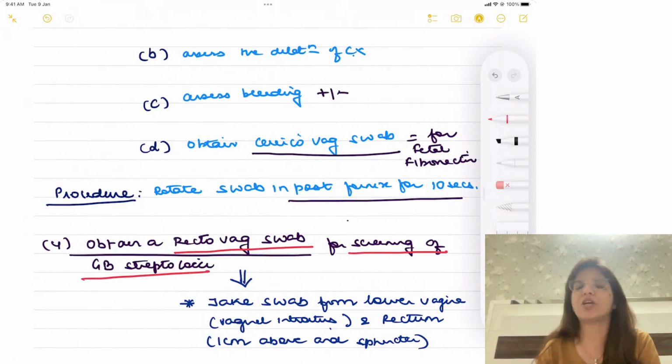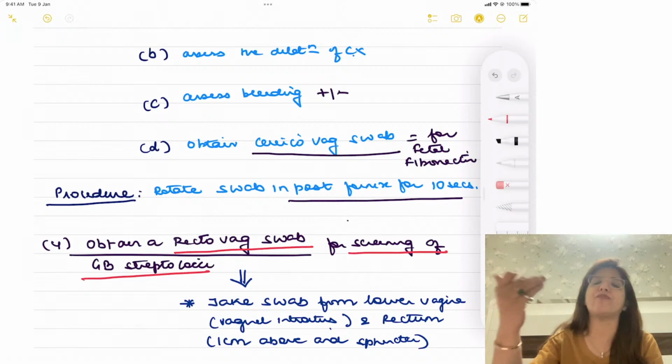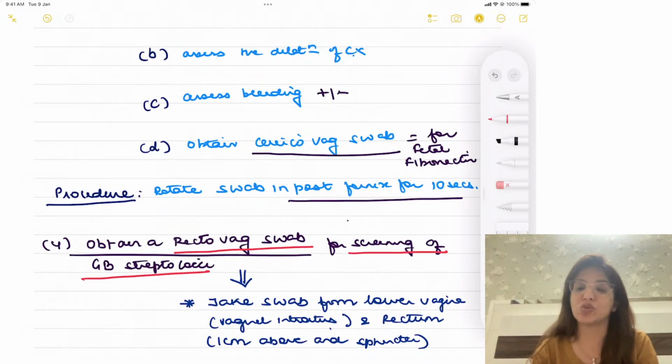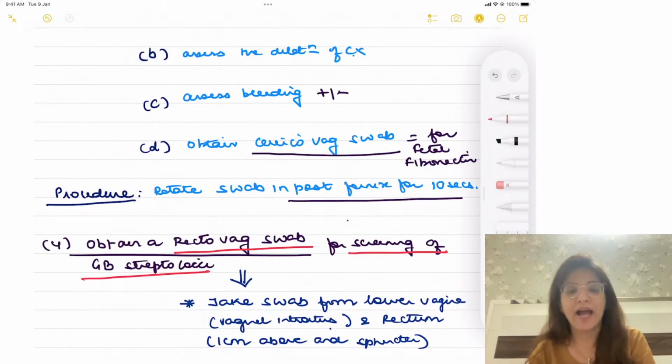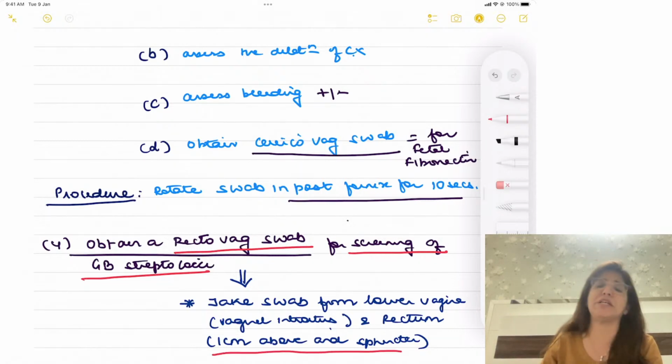That's a very common mistake which you tend to do when you say that we are going to take a rectovaginal swab from high vagina, right? It's not that. You have to take rectovaginal swab from lower part of vagina near the introitus and from the rectum. When I say you have to take swab from the rectum, that means 1 centimeter above the anal sphincter.